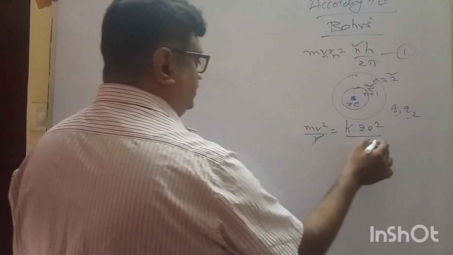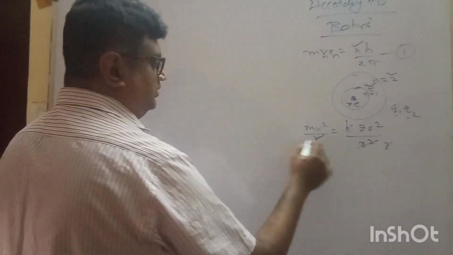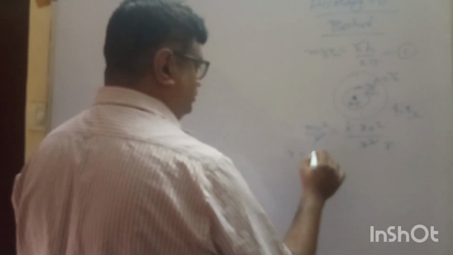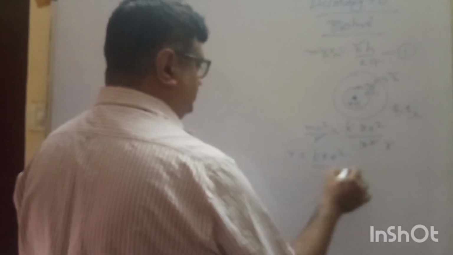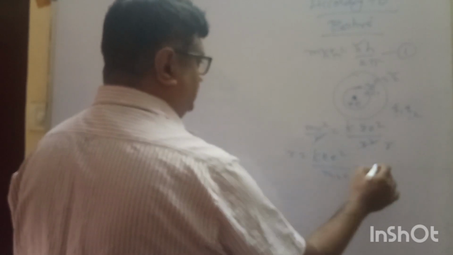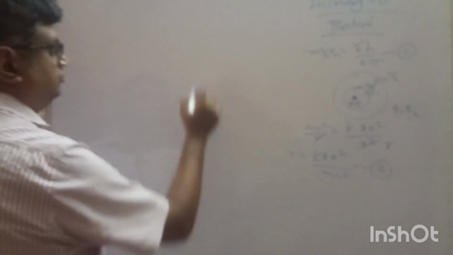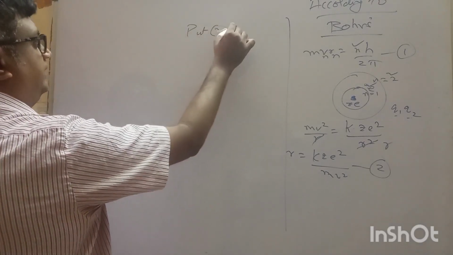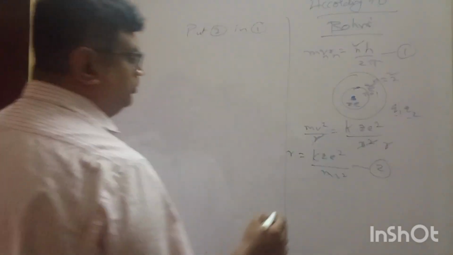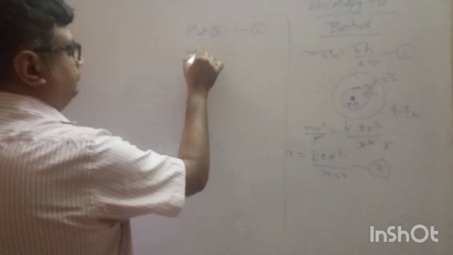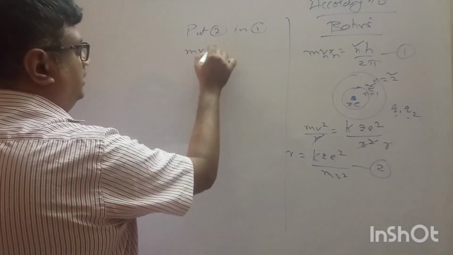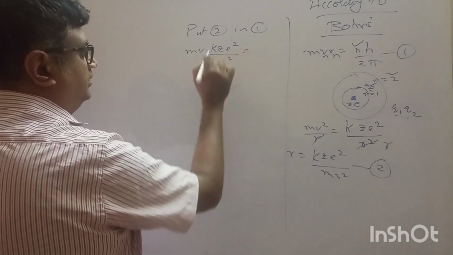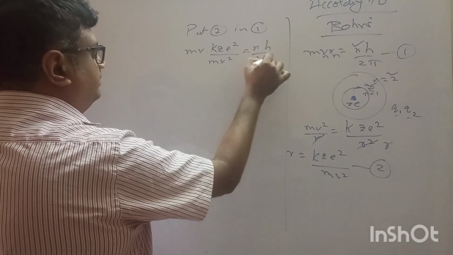So here we are getting one expression. We can find r from here. So r will be equal to kZe square by mv square. This is my equation 2. Now put 2 in 1. In place of r, write mv square, so mv times kZe square by mv square is equal to nh by 2 pi.